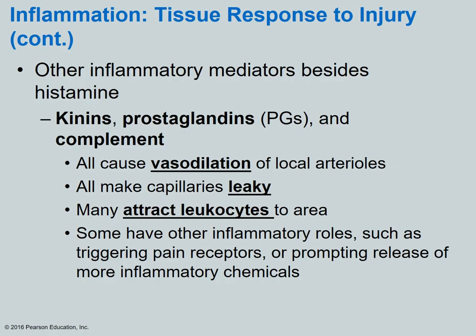You have more blood leaking into that interstitial fluid. It's going to attract leukocytes. Some of these chemicals cause what we call positive chemotaxis, meaning it attracts cells to them, specifically the leukocytes.